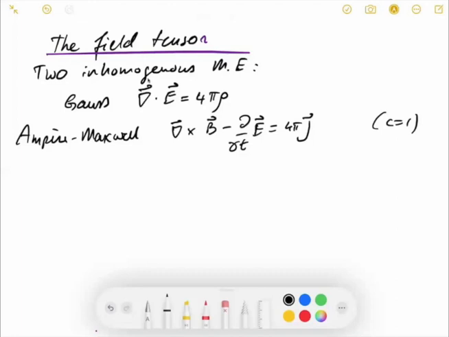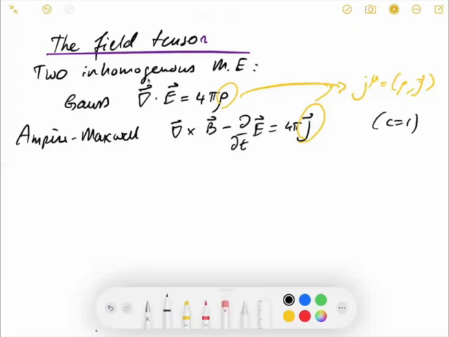We want to try to combine these two into a single expression because we already know that we can combine this one and that one as they are two parts of that J mu for current. So that would be rho and J. So it makes sense to try to see if we can find a way to get these two equations to show up as two parts of one equation.